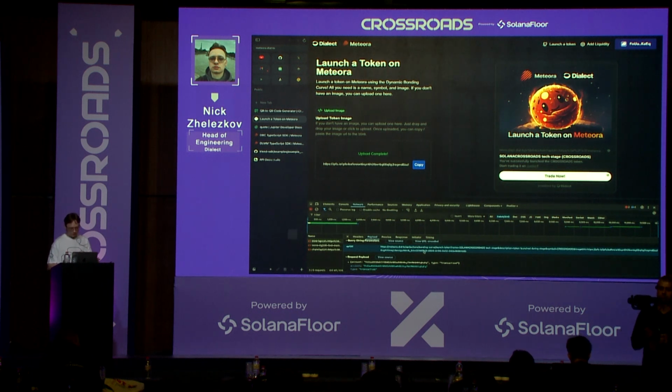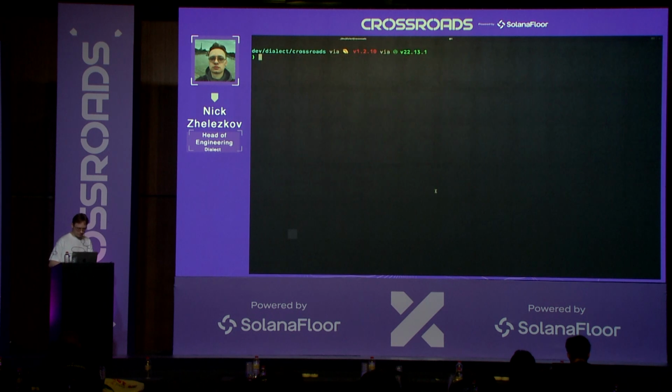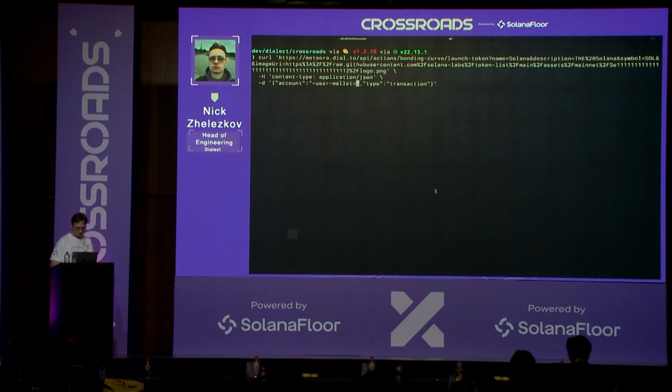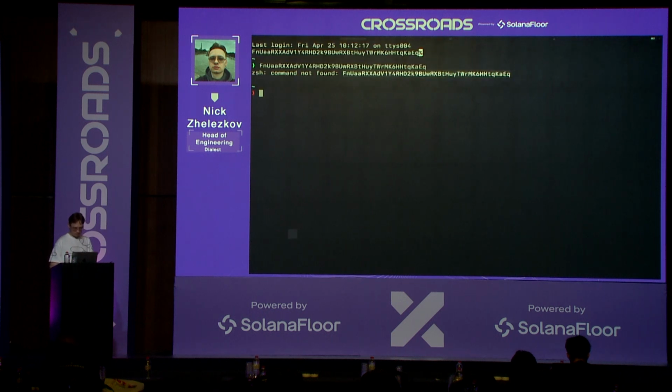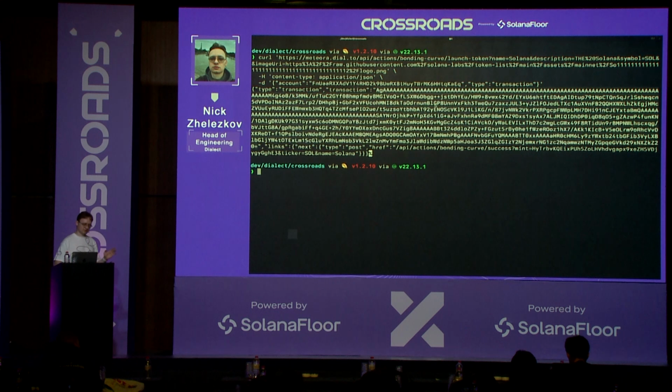You can also use this endpoint to launch your own token, because I can, for example, just use it the same way in a curl, like this. And it responds with the same transaction, and you can use it in your own app. Very simple. No need to install anything or integrate an SDK, just one simple fetch request.